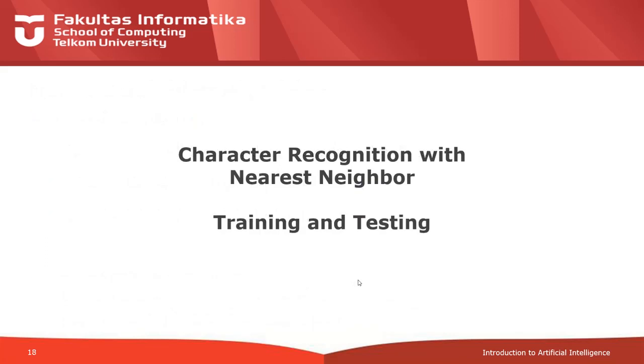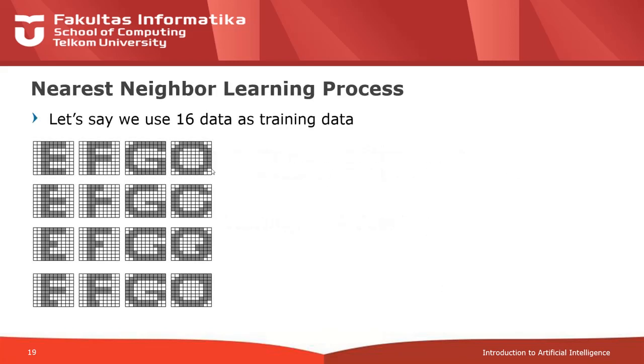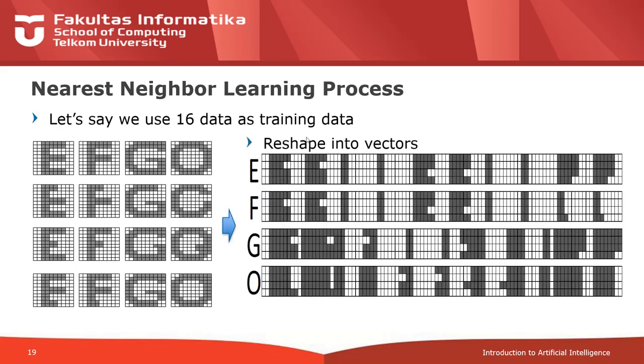Okay, let's see how this works in practice. Let's say now we have 16 data as training data, and we reserve the other 4 as test data. Then we reshape that into vectors, meaning that we put each of these data into one-dimensional features, one-dimensional attributes. So this will be 100 attributes for each of the data.